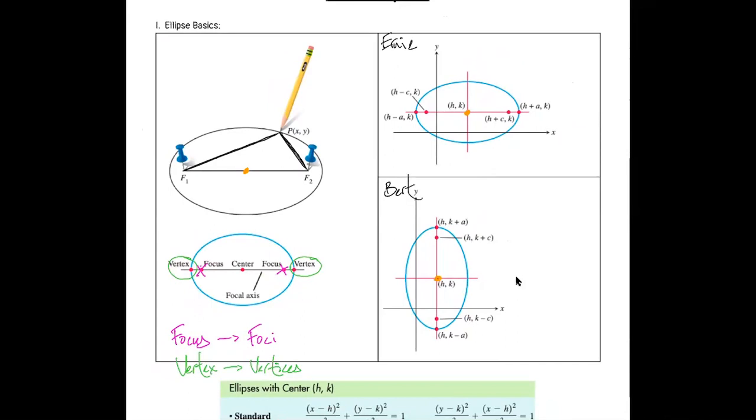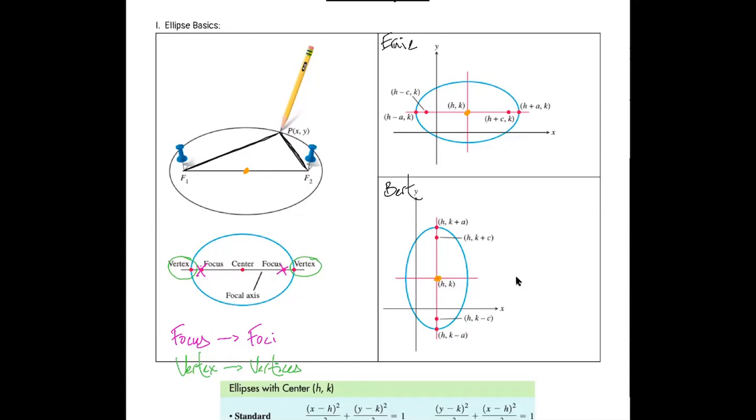So you've got Ernie with sort of the wider face, and then Bert with the taller face. But either way, everything is based on the center. From the center, we can count out a certain number to find our foci, and from the center, we can count out a certain number to find the vertices.